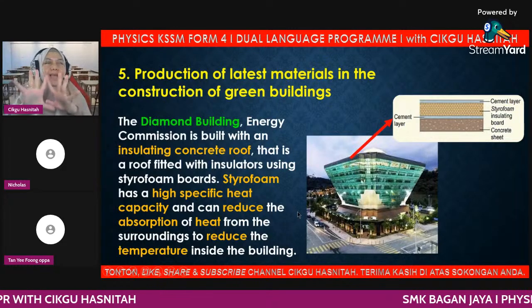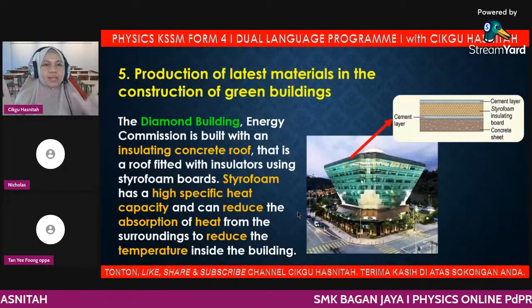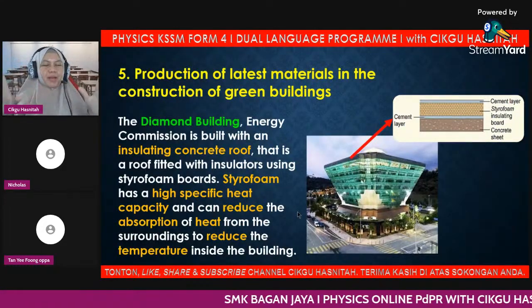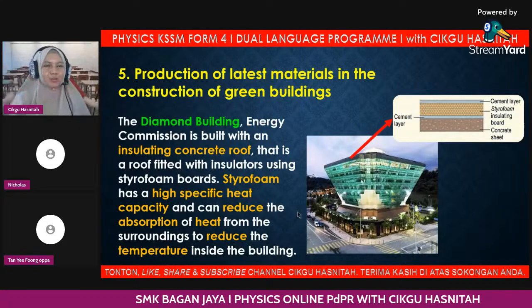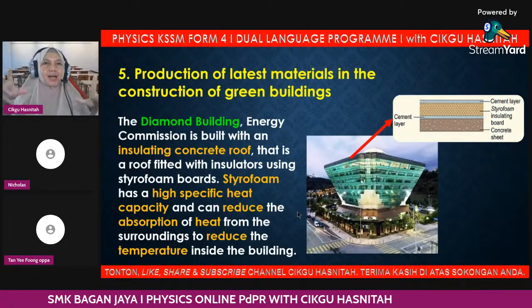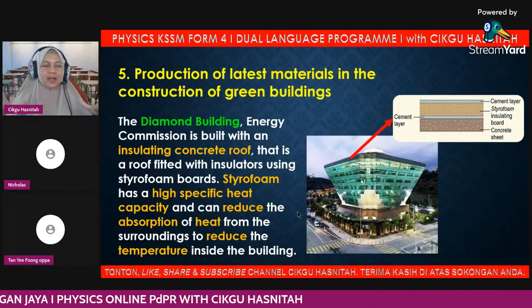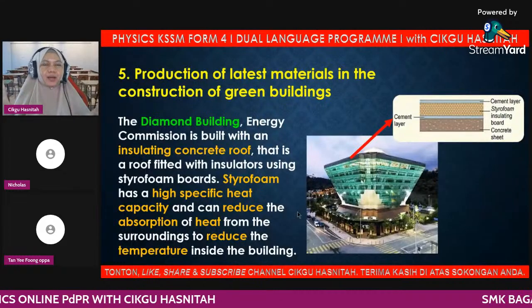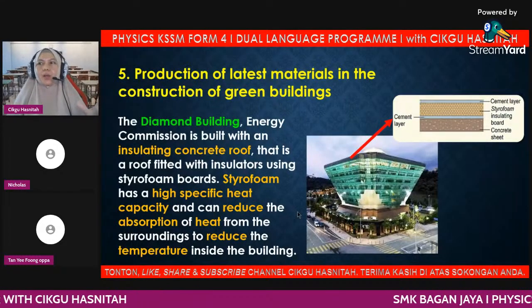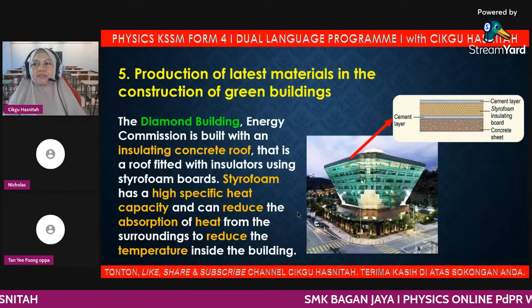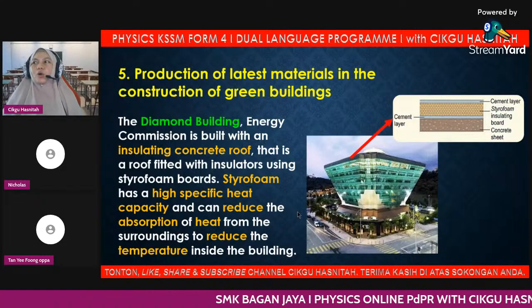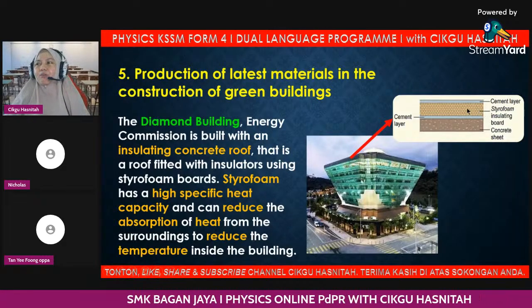If you buy electrical devices, normally they will be covered with styrofoam, the white thing, to prevent them from damage. Itu kita panggil styrofoam. It is an insulator with a very high specific heat capacity. So why do we layer them with styrofoam?